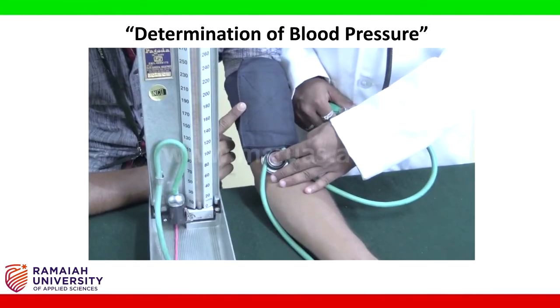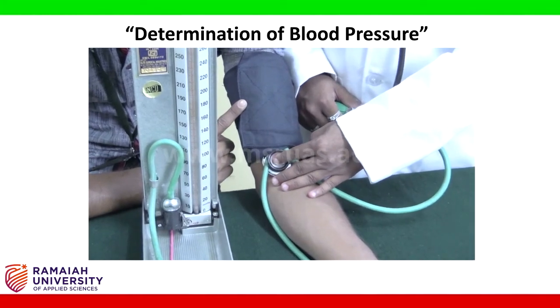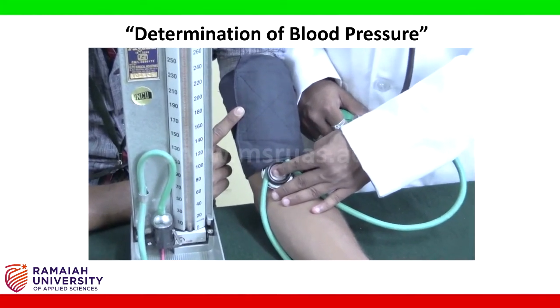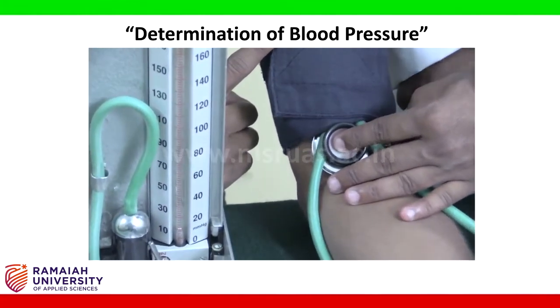Inflate the cuff rapidly using air pump and raise the pressure to 30 to 40 mmHg above the systolic level as determined by palpatory method.